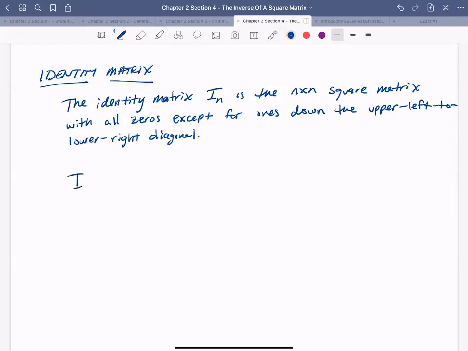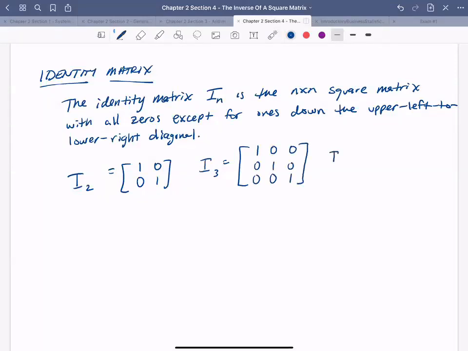Examples. If I said the identity matrix of a 2 by 2, it would look something like 1, 0, 0, 1. An identity matrix of a 3 by 3 looks like 1, 0, 0, 0, 1, 0, and 0, 0, 1. And then the identity matrix of a 4 by 4, we can keep going: 1, 0, 0, 0, 0, 1, 0, 0, 0, 0, 1, 0, 0, 0, 0, 1.